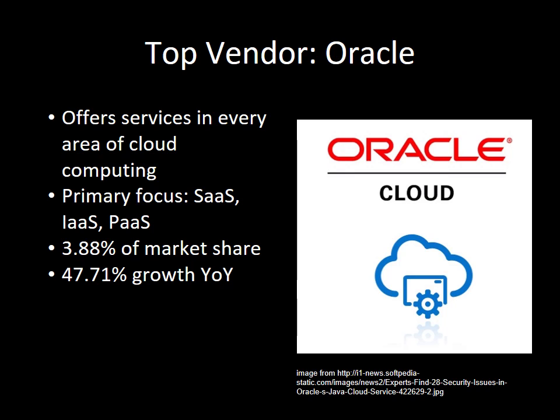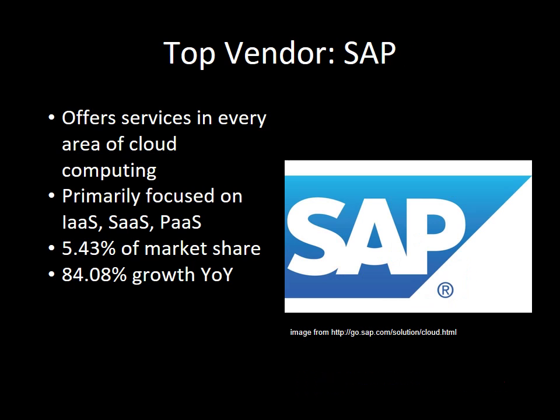So that's software as a service, infrastructure as a service, and platform as a service. They occupy a smaller share of the market than the previous two corporations at only 3.88%, but they have an amazing 47.71% growth year over year, which is incredibly high. And it is likely that with continued investment, they are going to continue to grow in this area.